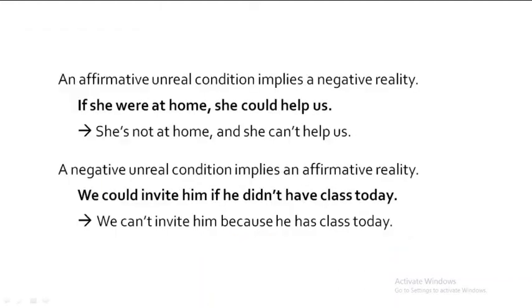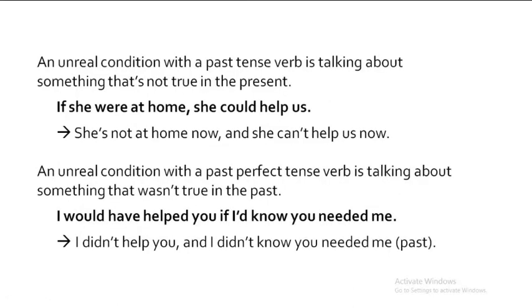An affirmative unreal condition implies a negative reality, and a negative unreal condition implies an affirmative reality. An unreal condition with a past tense verb is talking about something that's not true in the present. Then, an unreal condition with a past perfect tense verb is talking about something that wasn't true in the past.